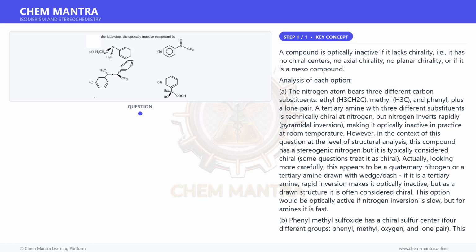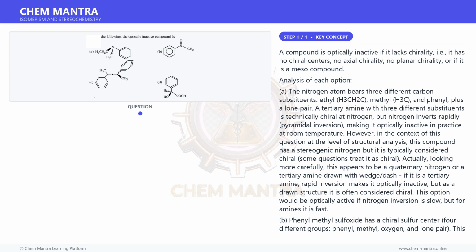However, the key point is whether the substituents on the 2 ends are the same or different. Left end has CH3, Ph, and right end has Ph, CH3, the same pair of substituents on both ends. When both ends of an allene bear the same pair of substituents, A, B, C=C=C, A, B, the molecule has a plane of symmetry and is optically inactive.